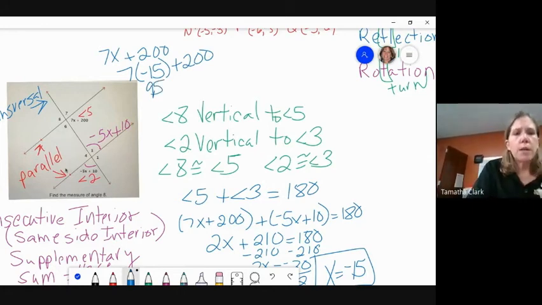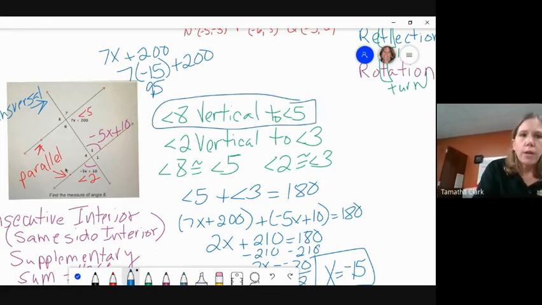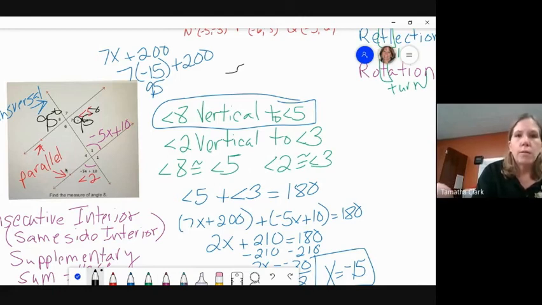Keeping that in mind, going back to our vertical angles, if angle 5 is 95 degrees, then angle 8 is also 95 degrees. If we were looking for angles 1 or 4 or anything like that, we would just go to the negative 5 times the negative 15 plus 10.